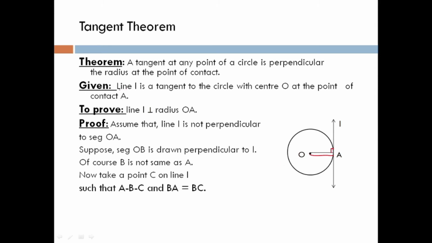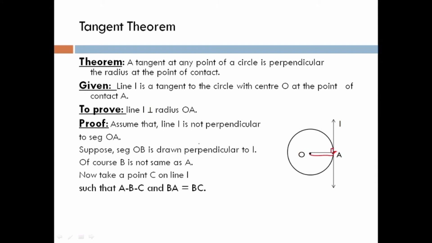Now the given thing is line L is a tangent to the circle with center O at the point of contact A. Now what is the point of contact? Point of contact is any point where the line and circle intersect. So this is the point of contact for the line and circle in this case, that is the point A.